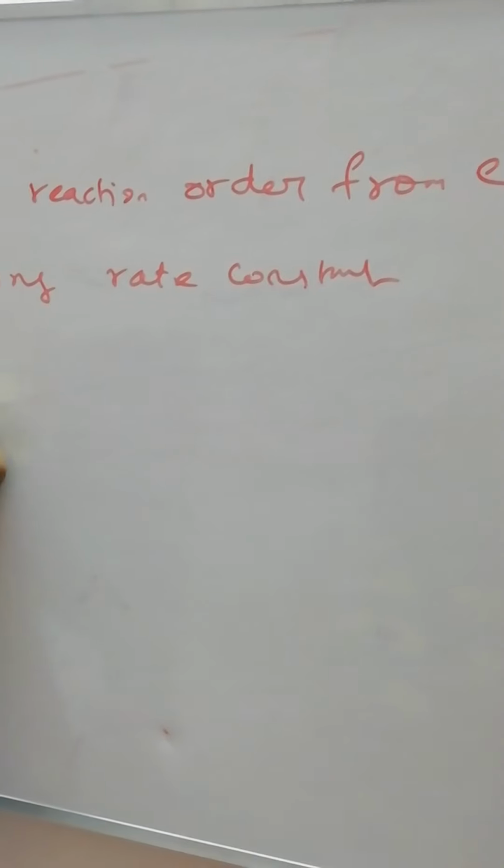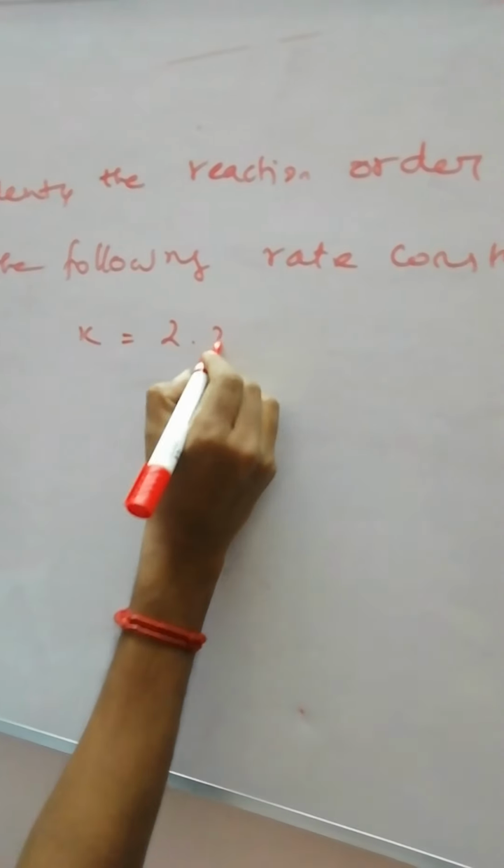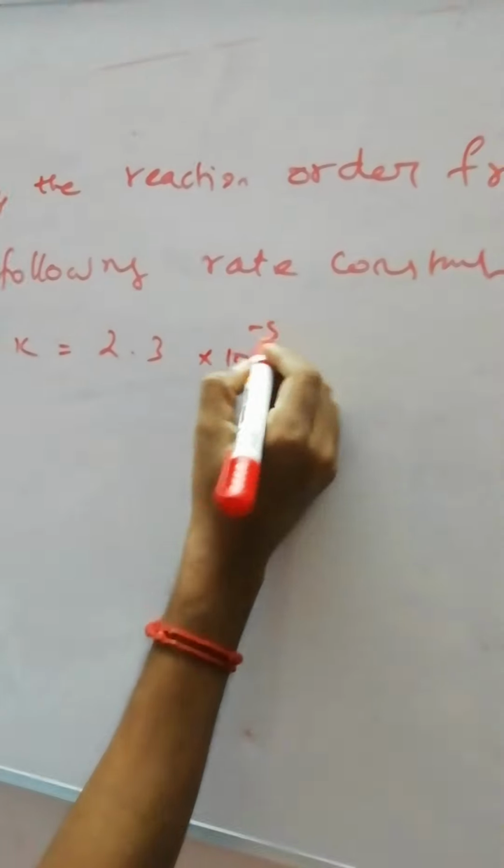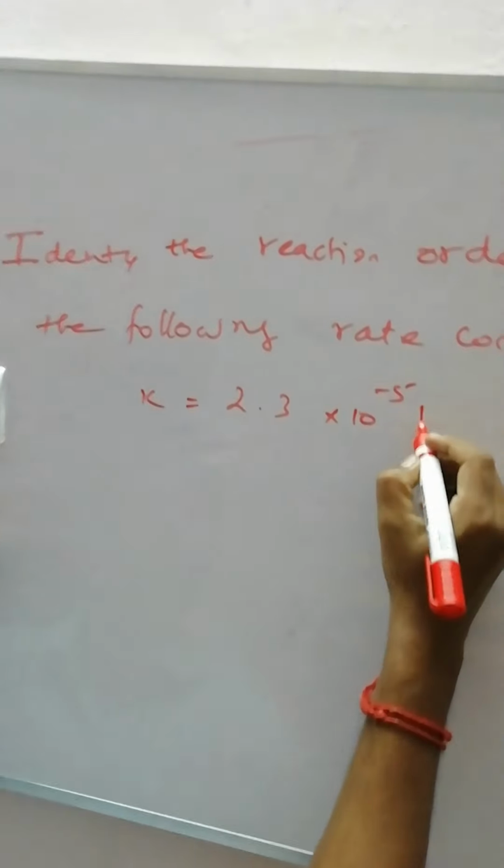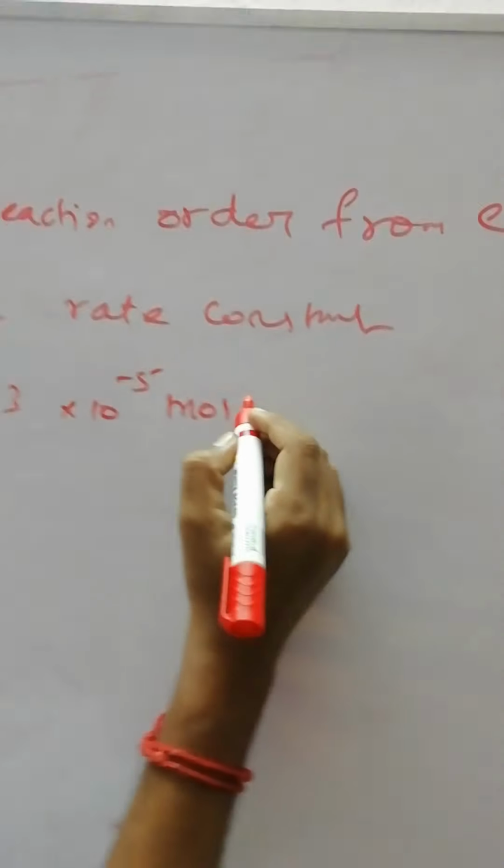Simply, the rate constant K is given, and we have to find the order. How to find it? We already discussed the units, and with the help of the units we can easily find it.